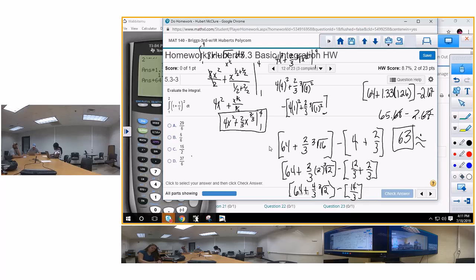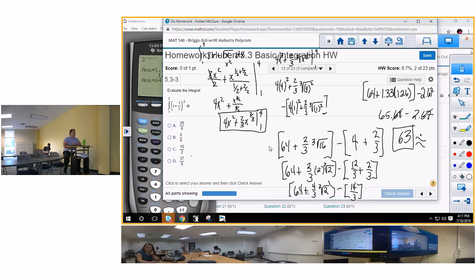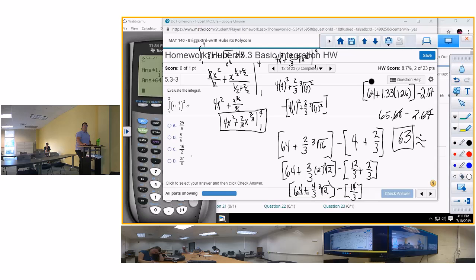You're going to rewrite it using what? Shortcut number 1, Hubert. A plus B quantity squared. I would change that 1 over t to t to the negative 1 to make life easier for you. But I'm glad you asked this question because this is a test question and it is a question that I wanted to go over today. So this is a good question.